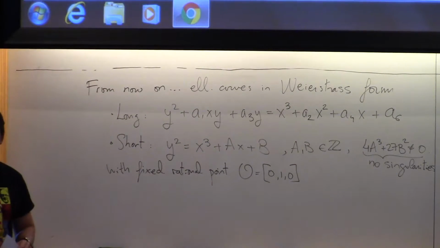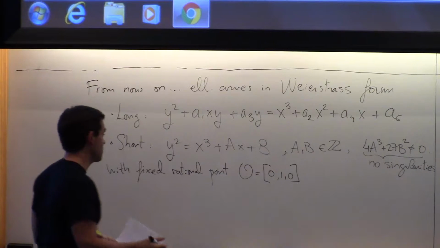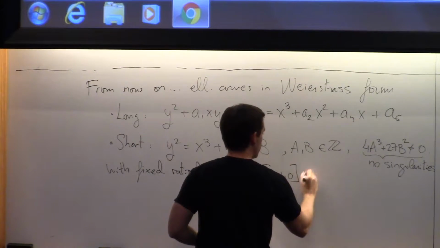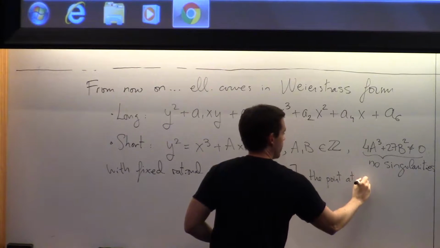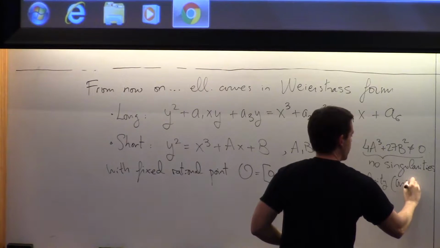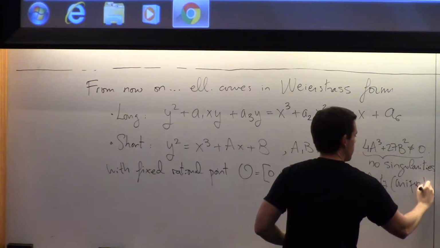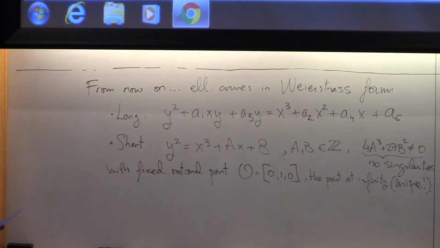If you don't know a lot about projective space, one of the appendices in the book is about projective space. So this point is called the point at infinity, and as I said, it is the unique point at infinity. You can prove that if you haven't done it.